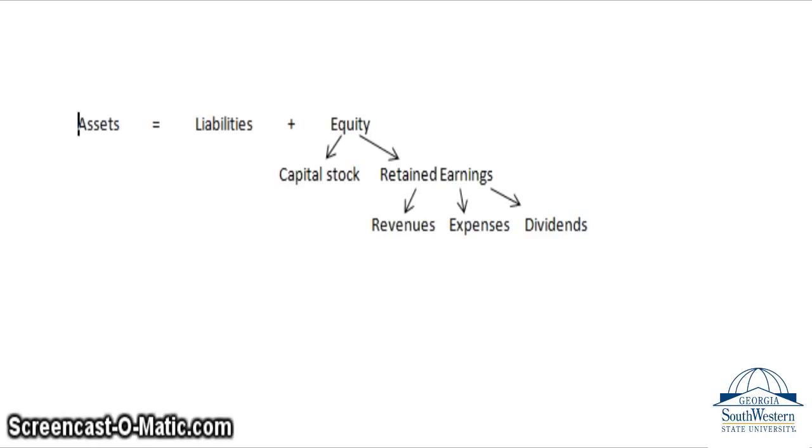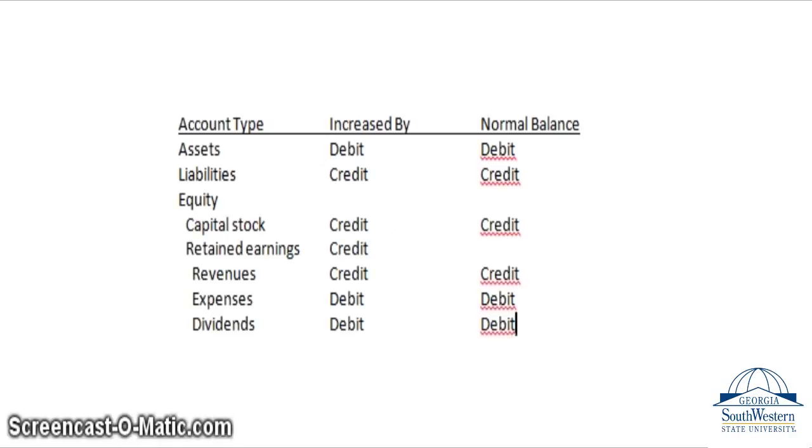Okay? Now let's keep that in mind, and now let's talk about debit and credit rules, what I referred to already. Very, very important. In fact, if I could cover it up, let's just look at the account types right now. Just ignore the rest of this for the moment. This is that tree that I just showed you, just in a list form. You've got assets, liabilities, and then the broad category of equity.